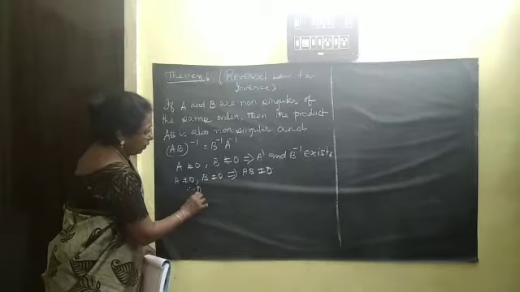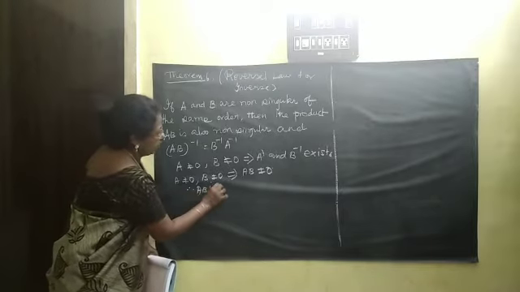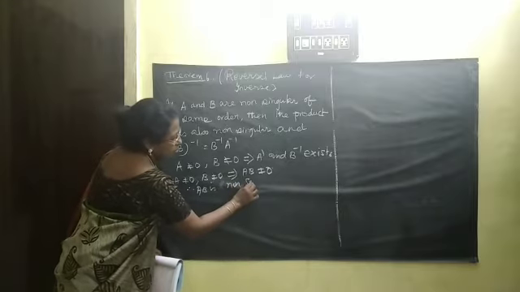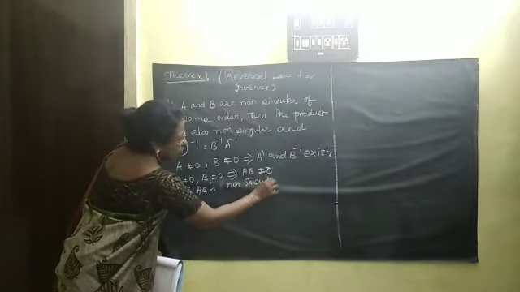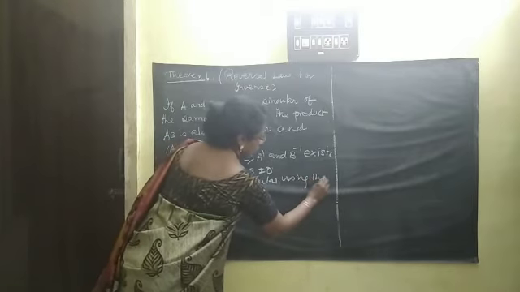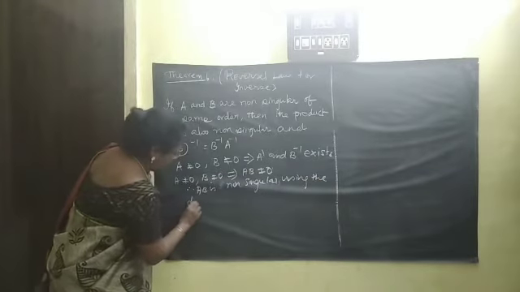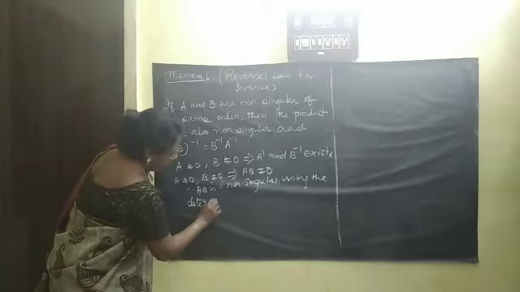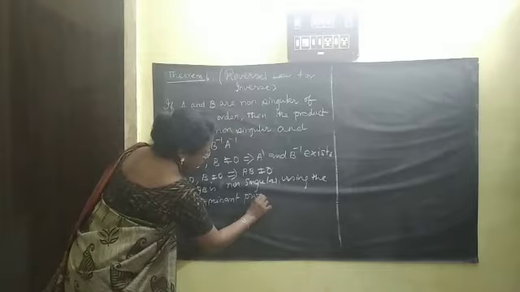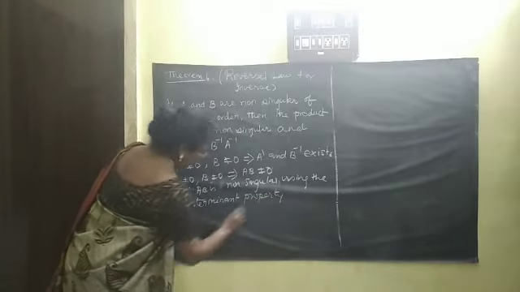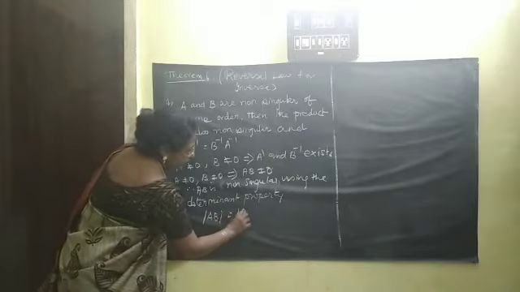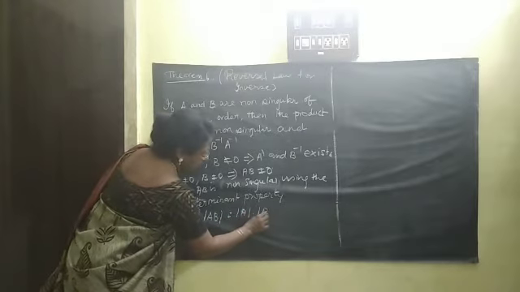Therefore, AB is non-singular using the determinant property. Determinant AB is equal to determinant A into determinant B.